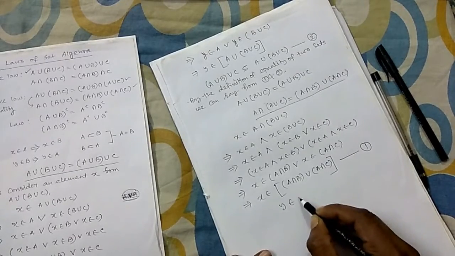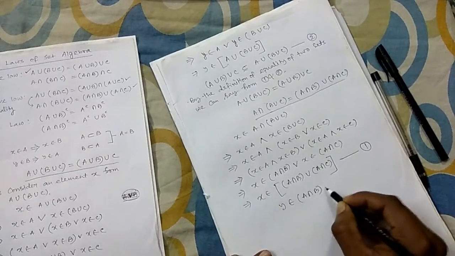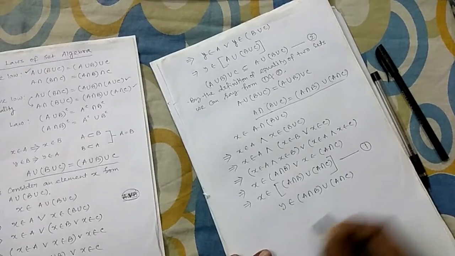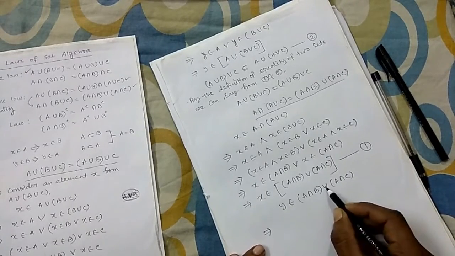Again, Y belongs to A intersection B union A intersection C. Firstly, here is union.